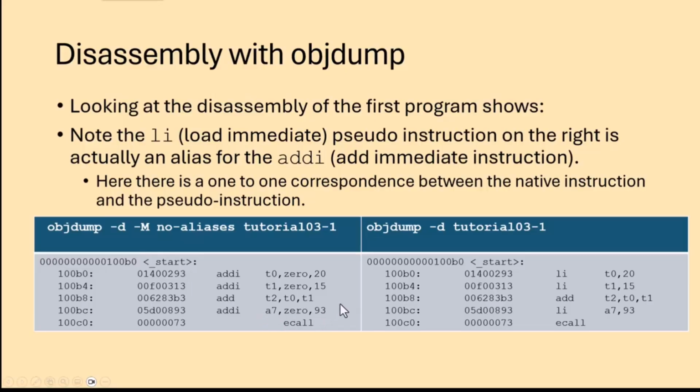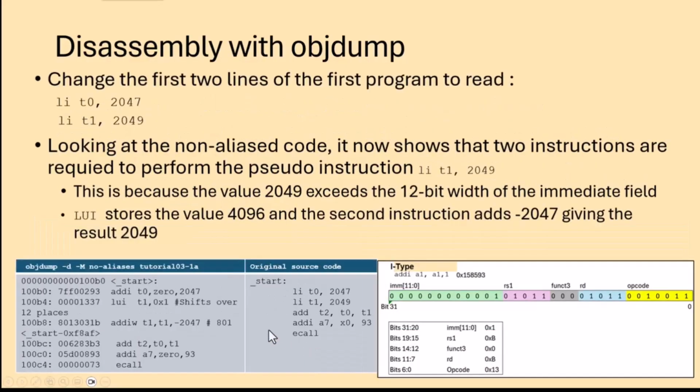So, in this case, where we load numbers larger than 12 bits, we have a bit of an issue. If you recall from tutorial 1, the I-type instruction uses 12 bits for the immediate field. So if we load a value like 2049, it exceeds 12 bits. If we load the t0 register, that translates across to add immediate.